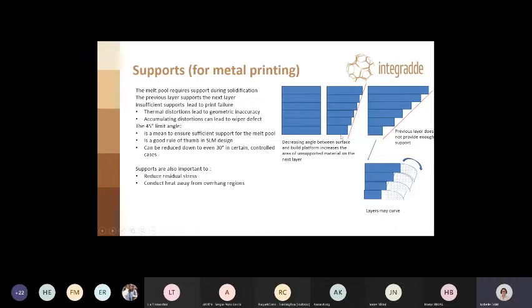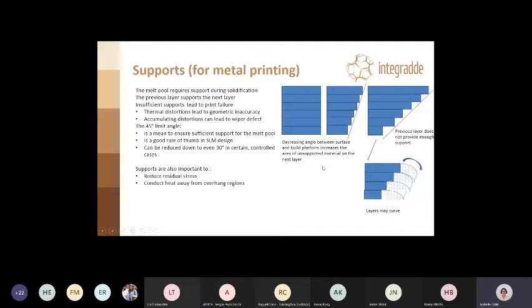When layers are printed, if the angle between one layer and the next one is decreasing, there is a risk of material being unsupported on the next layer. In this case, the layer may curve, which gives geometry inaccuracy.